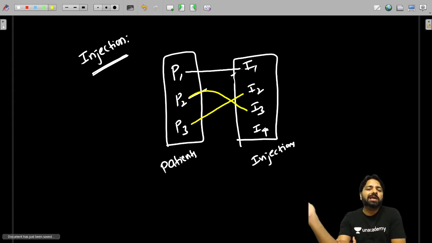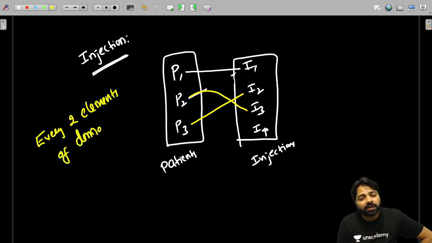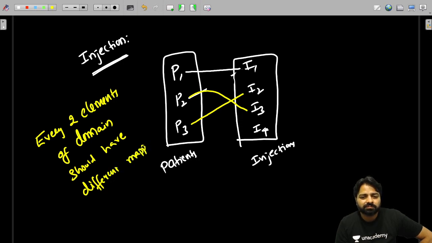So this is called injection. What is the injective definition? Every two elements of the domain must have different mappings. This is the definition of an injective mapping.